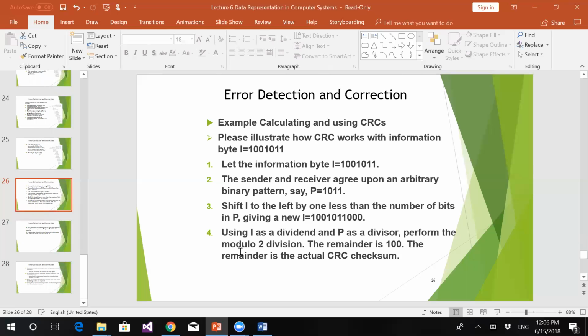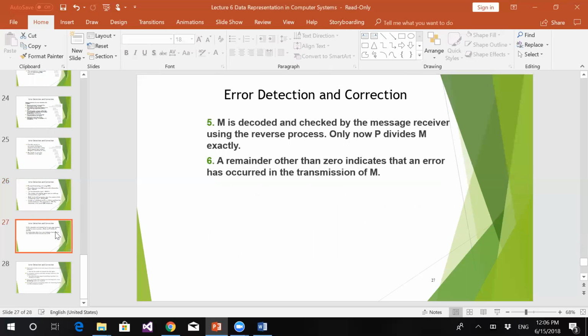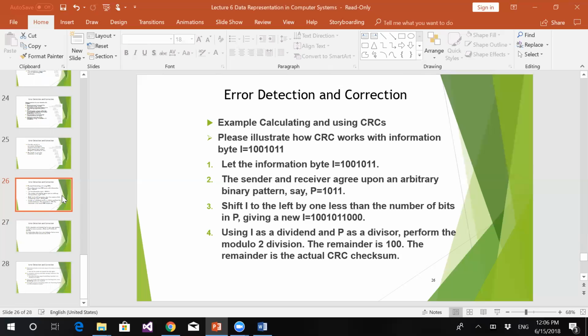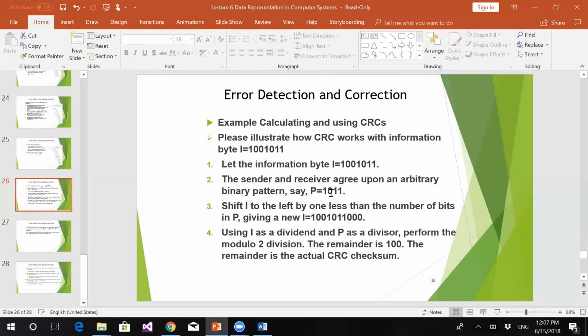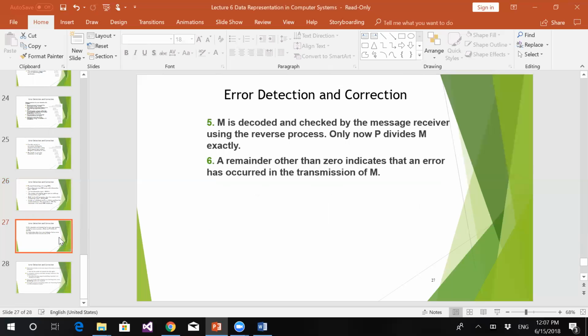Then we are going to do modulo 2 division until we get the remainder 100, which are the CRC bits. So now we know the number to be sent is going to be the original number and the 100. And when the value is received, we want to use that value to divide the original secret code 1011 to see whether the remainder is 0. If it is, then we consider the transmission is correct.